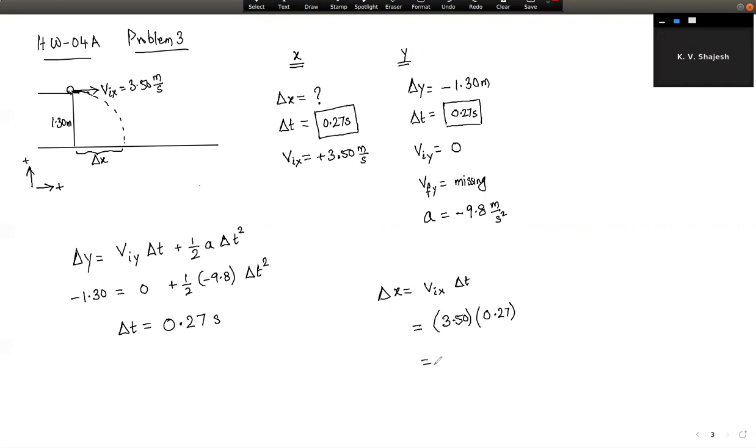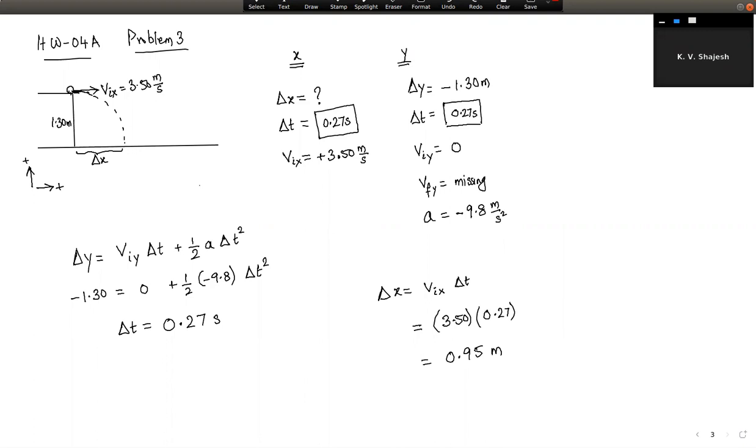Since we are working in meters, seconds and kilograms, all these units cancel out, and we get 3.5 times 0.27, which is 0.945. So it's 0.95 meters, about 1 meter. So it starts from 1.3 meters and it goes about 1 meter horizontally.